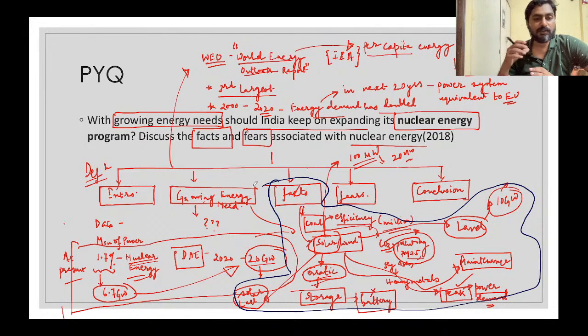The Ministry of Power report categorizes electricity into fossil fuel based and non-fossil fuel based. In fossil fuel based, around 58% of our electricity is produced from fossil fuels, and in that 58%, 50% is coming from coal only. So we are heavily dependent on coal, and because of that we are seeing these issues of greenhouse gases and pollution.